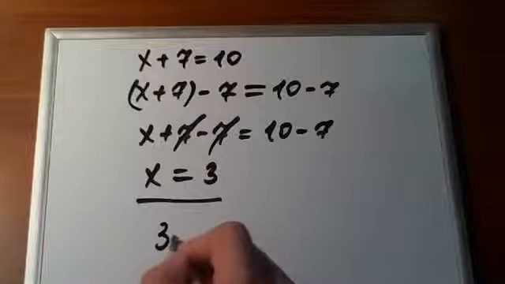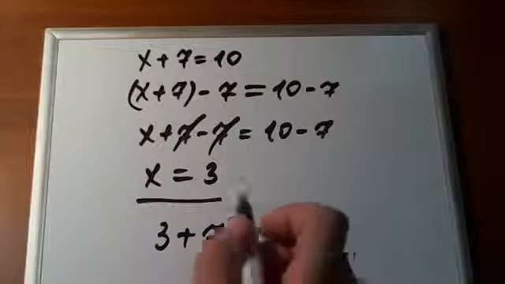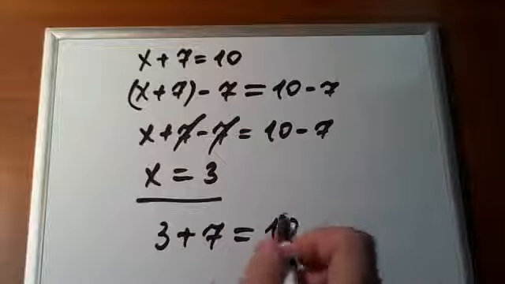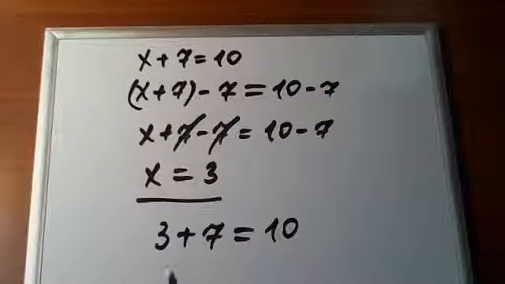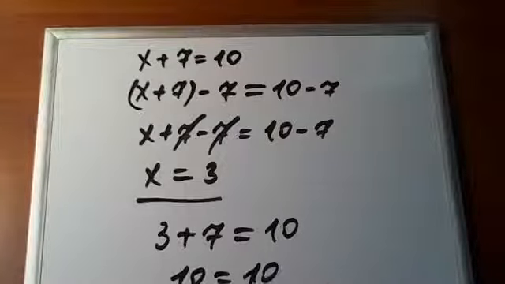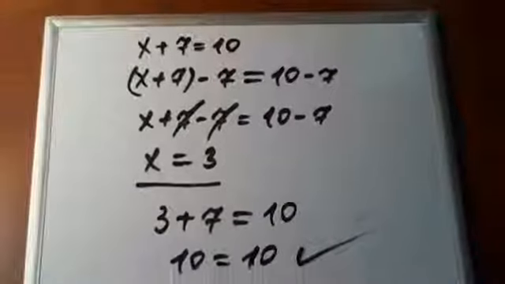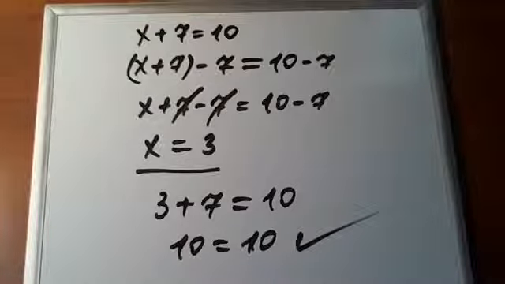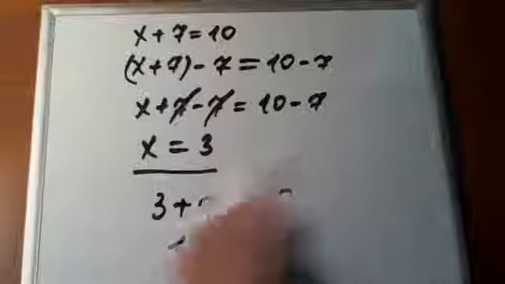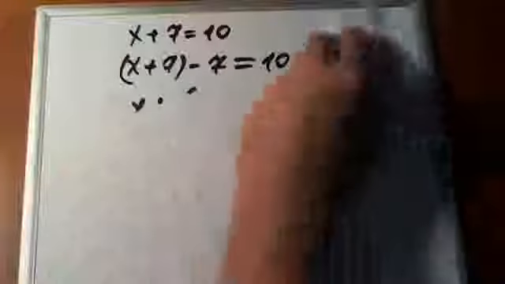Instead of x, write 3 plus 7, that has to equal 10. 3 plus 7 is indeed 10, so 10 is equal to 10. We're good. It's a good idea to always check your solution, just to make sure you didn't make a mistake somewhere.